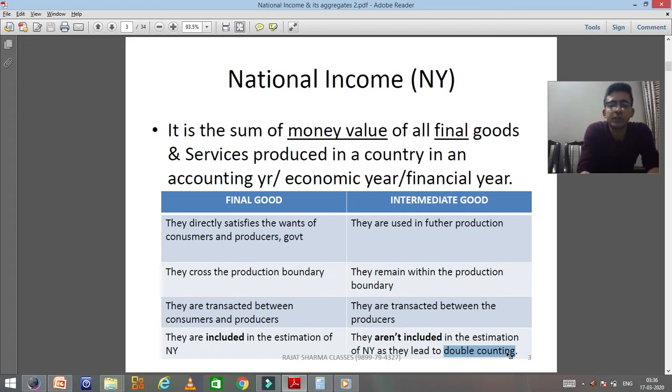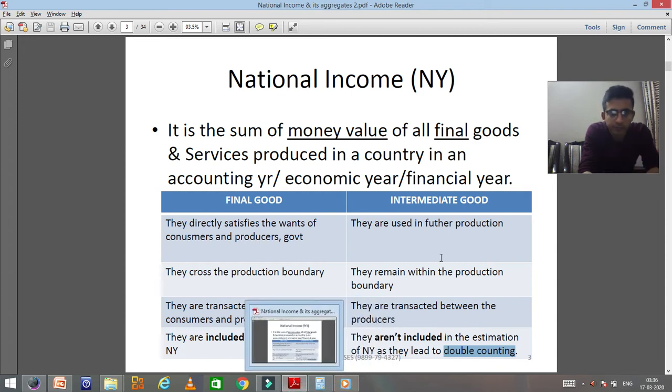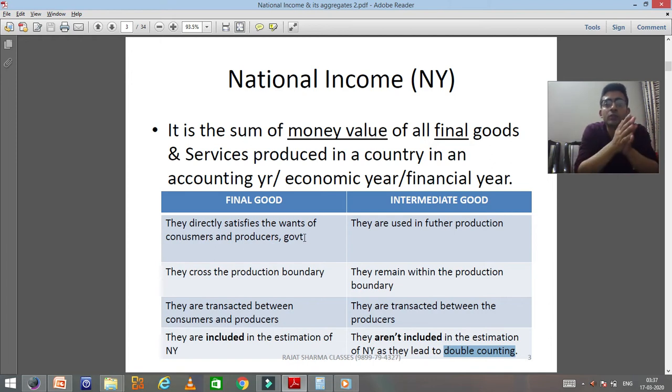So let's quickly read out the difference between this final good and intermediate good. Final goods are the goods which directly satisfy the wants of a consumer or a producer or the government. It directly satisfies the wants. Whereas intermediate goods are used for further production. So what crosses the production boundary?